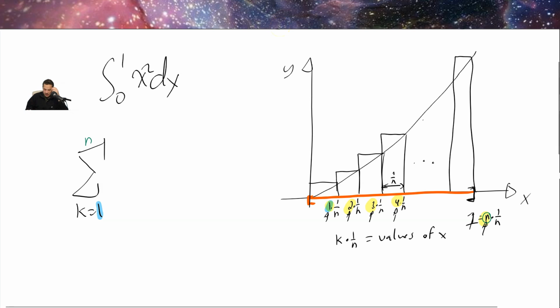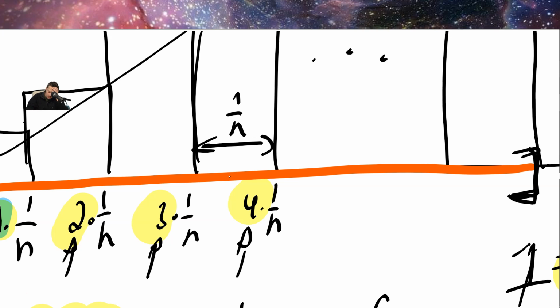After that, because our integrand here has an x squared, and this k times 1 over n are the values of x essentially, you can rewrite it here as k times 1 over n, squared. That represents the value of the function, but then you also have to multiply by the width. In other words, you have to multiply by 1 over n, the way you see it.